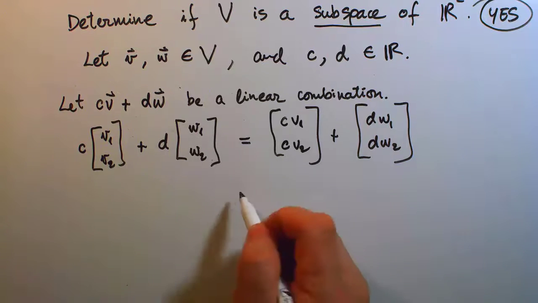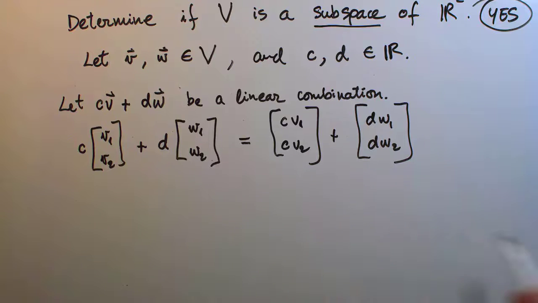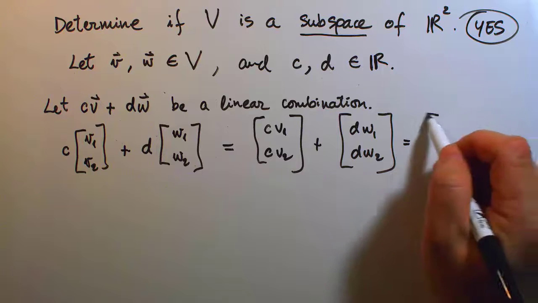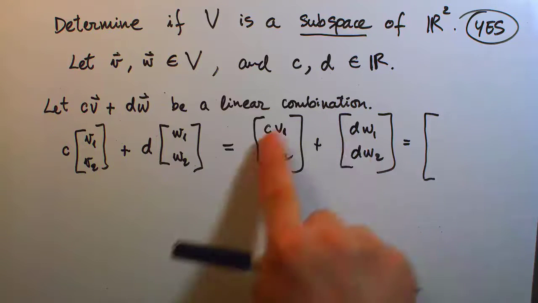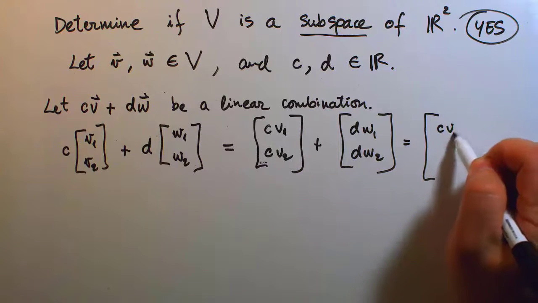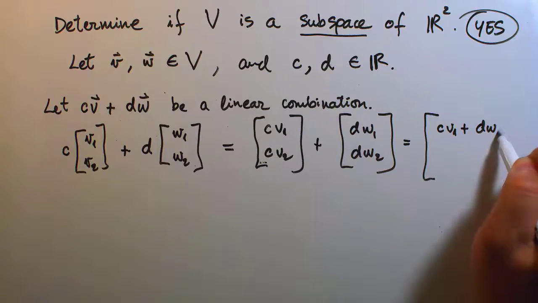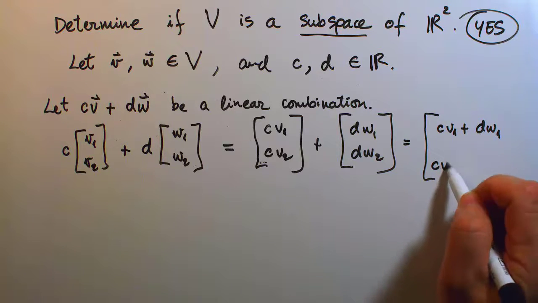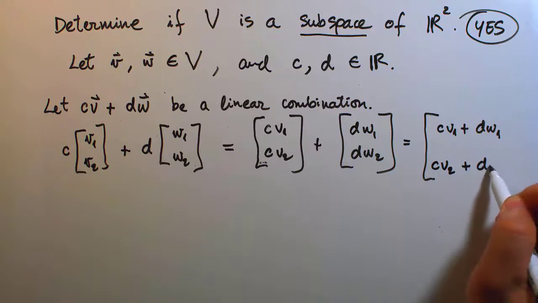And then continuing with that work, we will end up with, so this here together as one vector is going to look like this. First component of our sum vector is going to be CV1 plus dW1. And next component 2 is CV2 plus dW2.